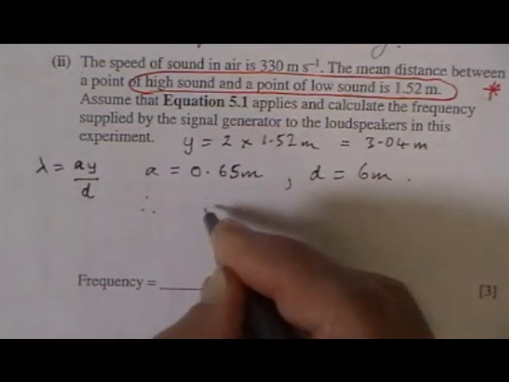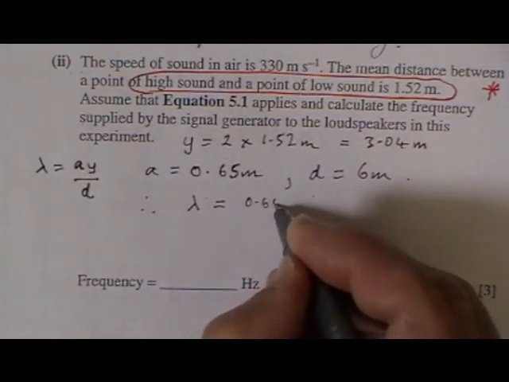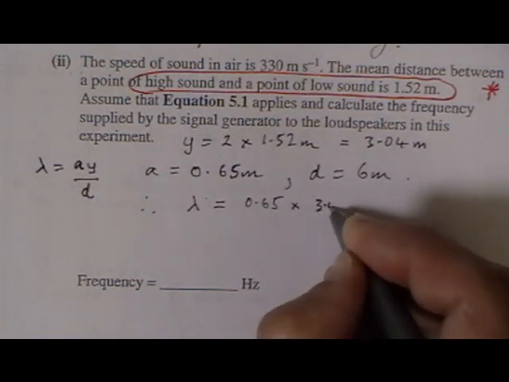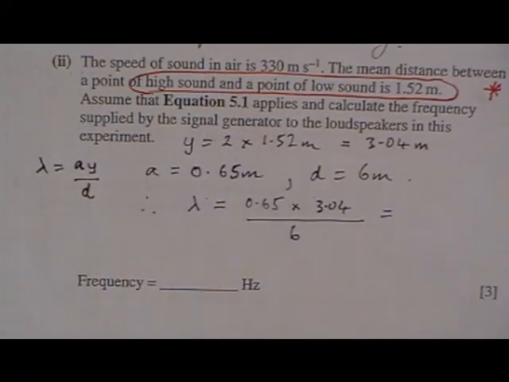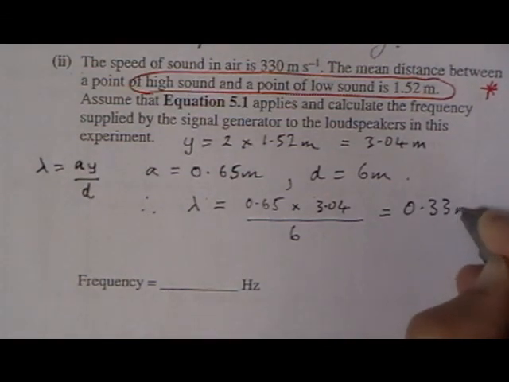Therefore we get lambda to be equal to 0.65 times y, which is 3.04, divided by 6. And when we put that into the calculator and work that out, that turns out to be 0.33 meters.